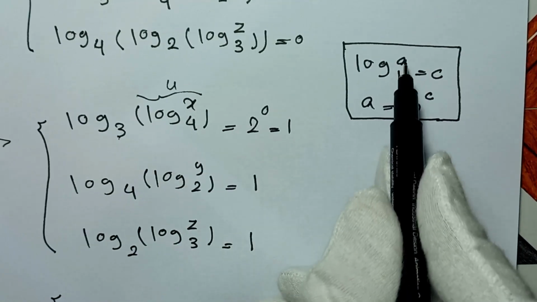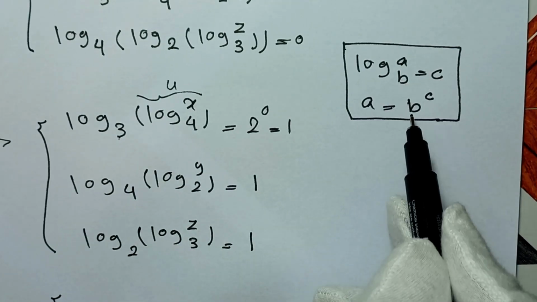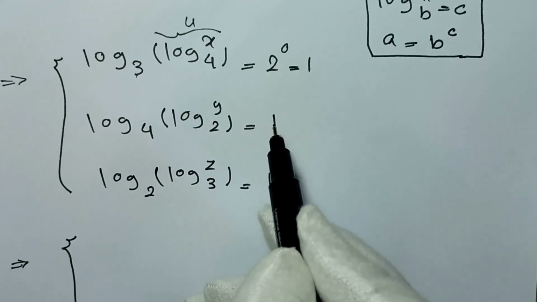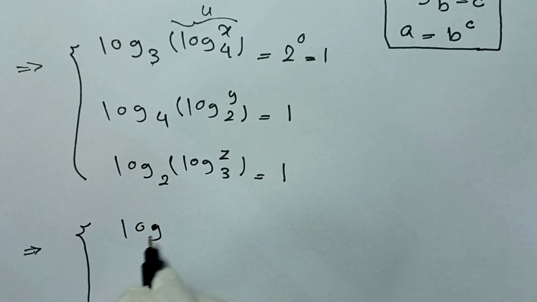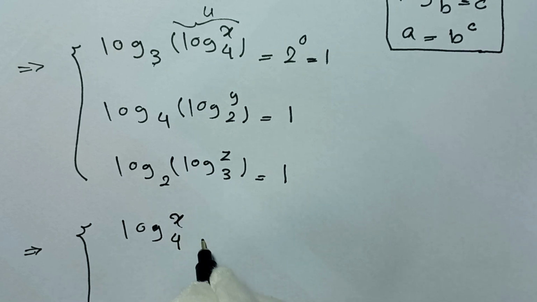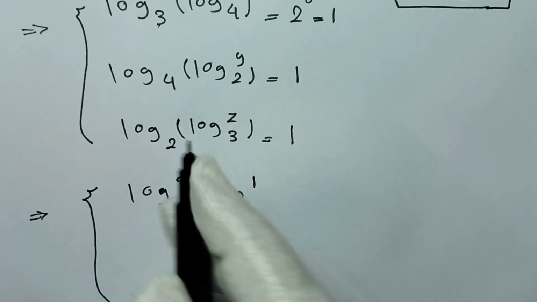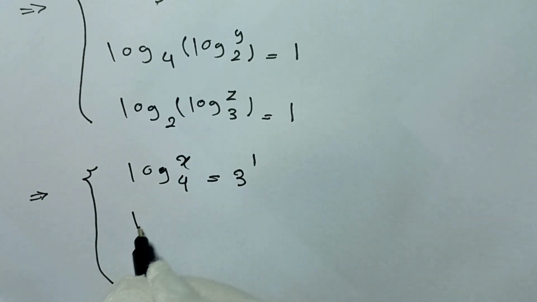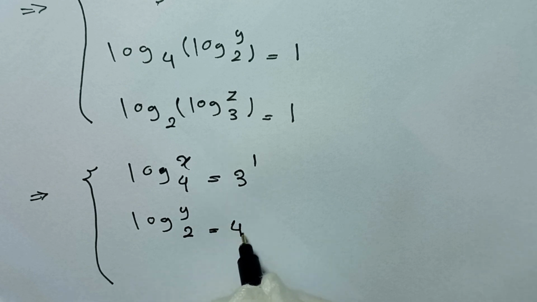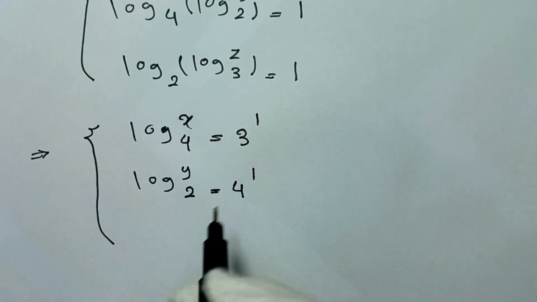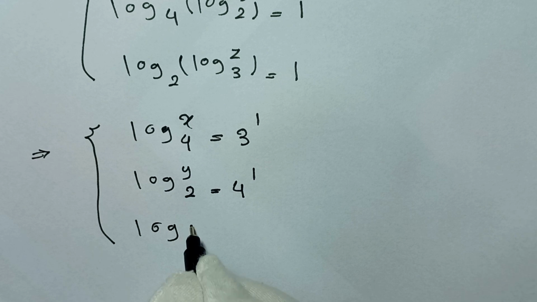So log x to base 4 is equal to 3 to the power of 1. Also, log y to base 2 is equal to 4 to the power of 1, and log z to base 3 is equal to 2 to the power of 1.